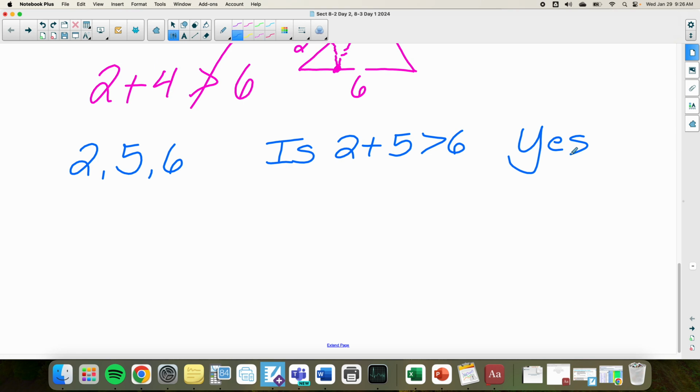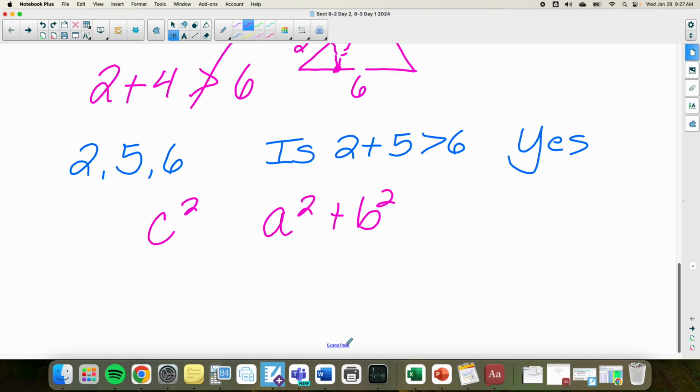If they form a triangle, then what you're going to do is put c squared on the left, and put a squared plus b squared on the right. And it's super important that you put c squared here, and then a squared plus b squared, okay? So how do you know which one's your c?